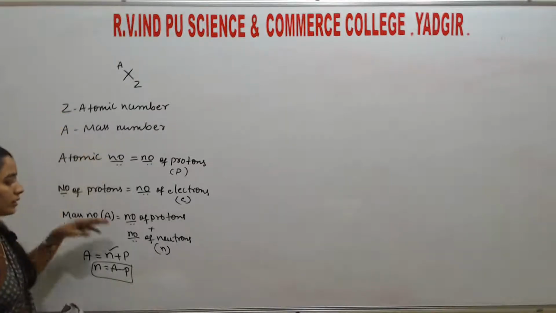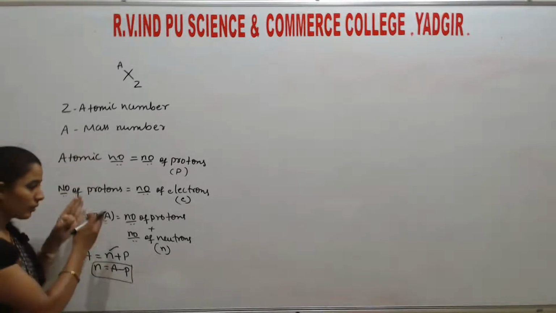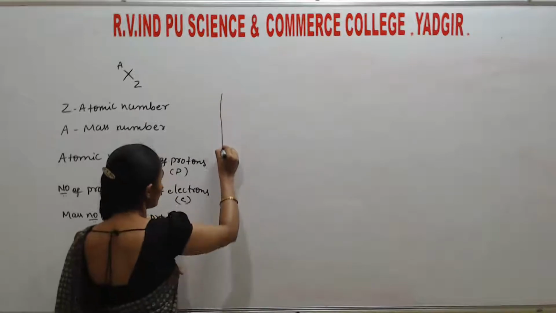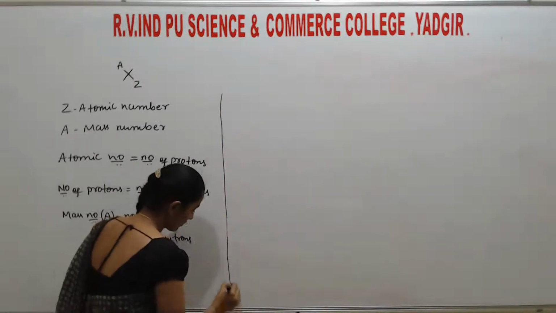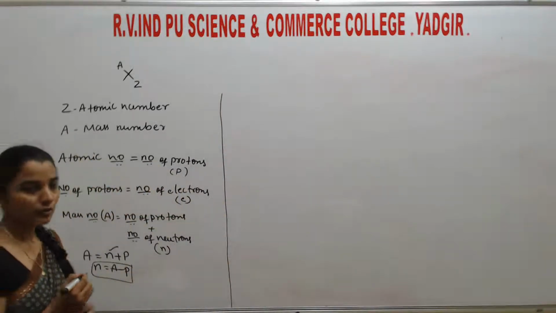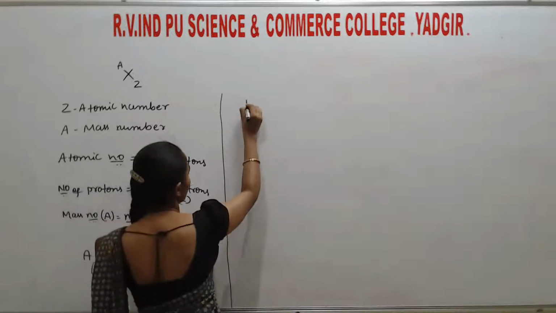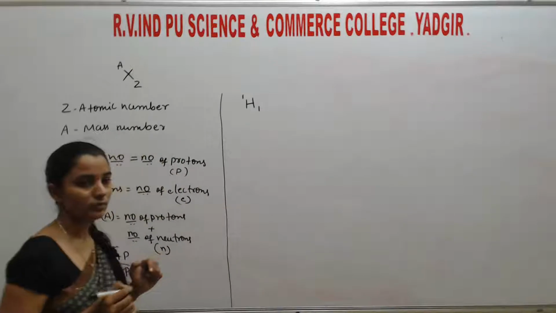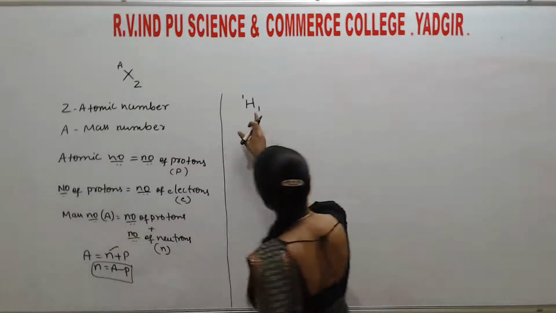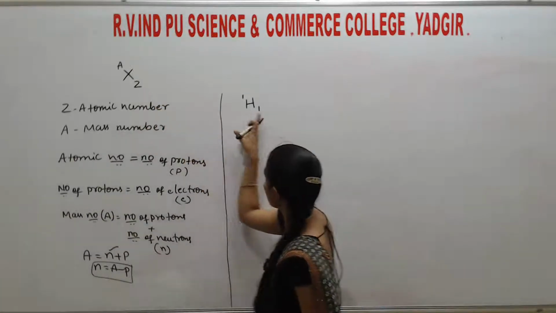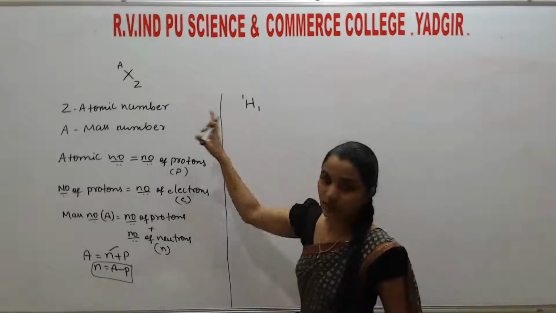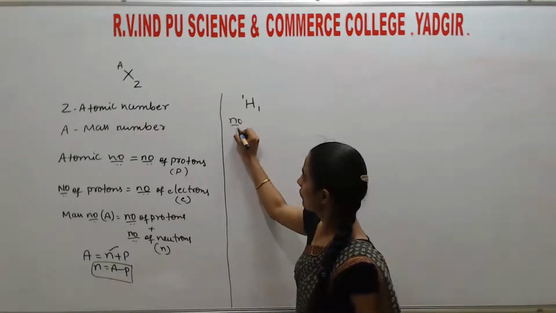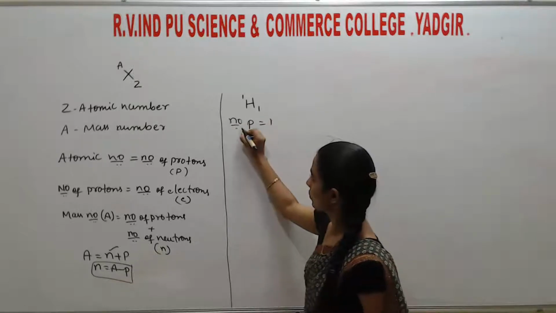So how to calculate this? You remember this thing. So I write some of the elements here, students, one by one. So for example, I'll go with hydrogen, 1, 1. Okay, so compare this with this. Here Z is 1, A is also 1. Then, students, number of proton is equal to 1.